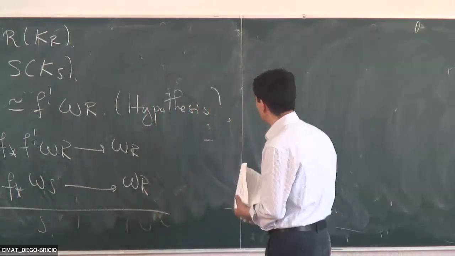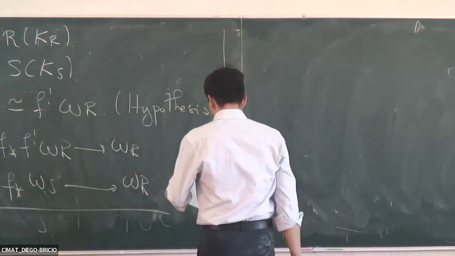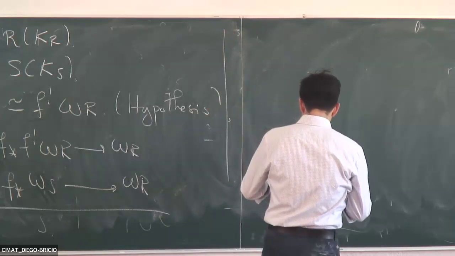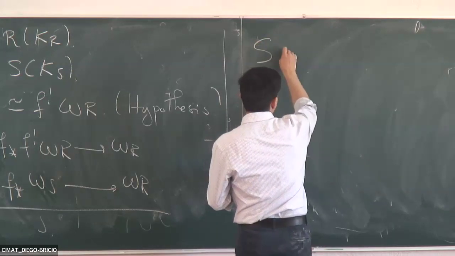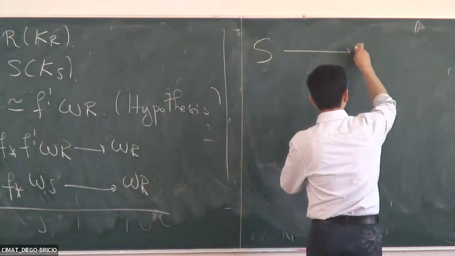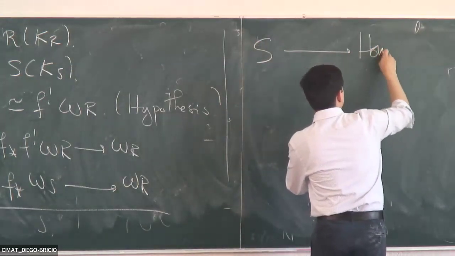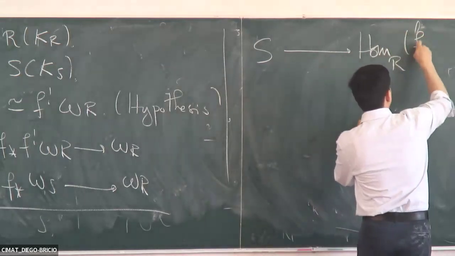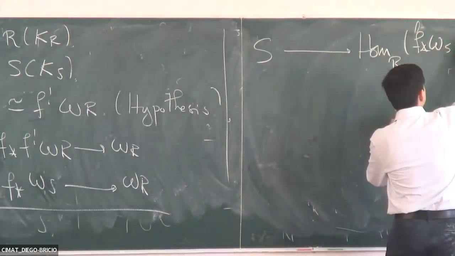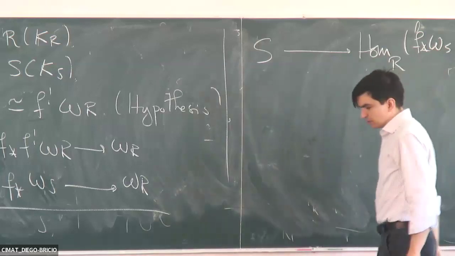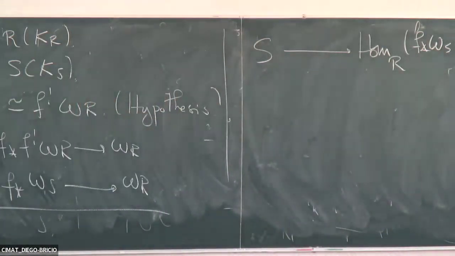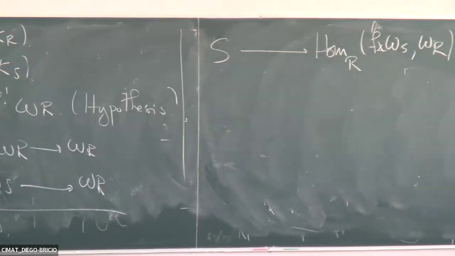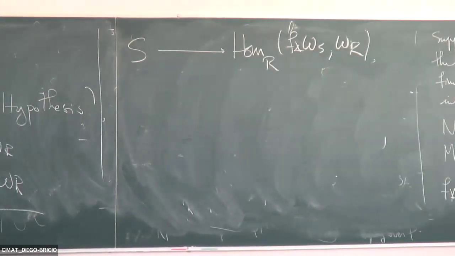But it's not true unless X is S2. Why? Because what you're going to have is a commutative diagram as follows. So here you have S, and here you have the Hom module between omega S and omega R, right? So this Hom set literally tells you how the canonical modules talk to one another in this category of points, right?